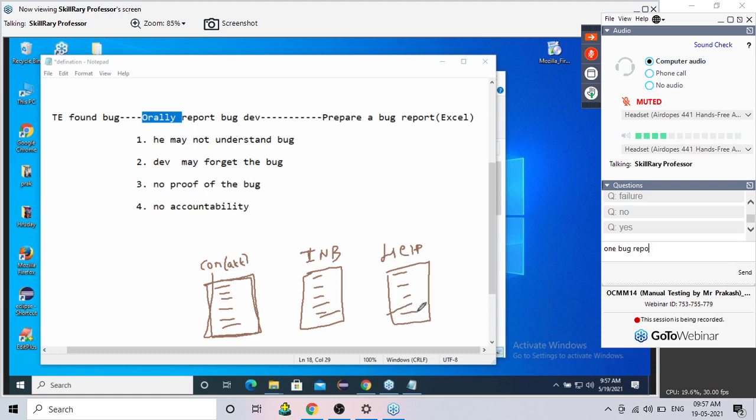Or prepare one bug report and neatly send it to the developer? Which is the best option? Good. 99% of you are saying that, sir, prepare one bug report and send it to the developers.